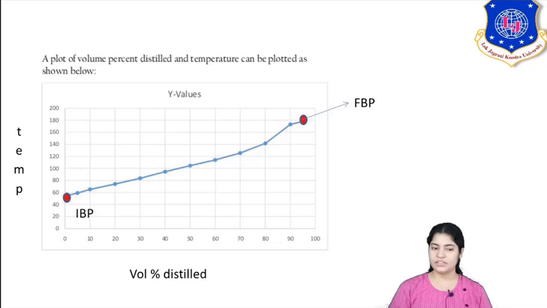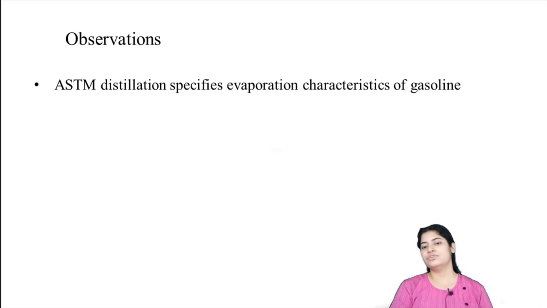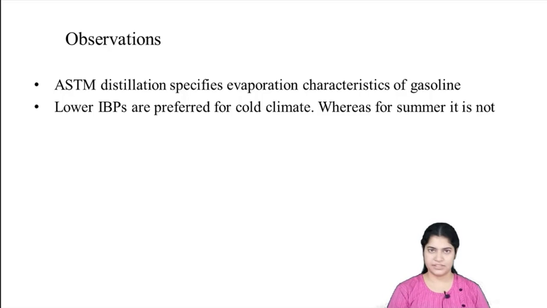This graph helps us know the boiling characteristics and the properties we can relate to that percentage of distillate. So we can say that ASTM distillation specifies the evaporation characteristics of gasoline.